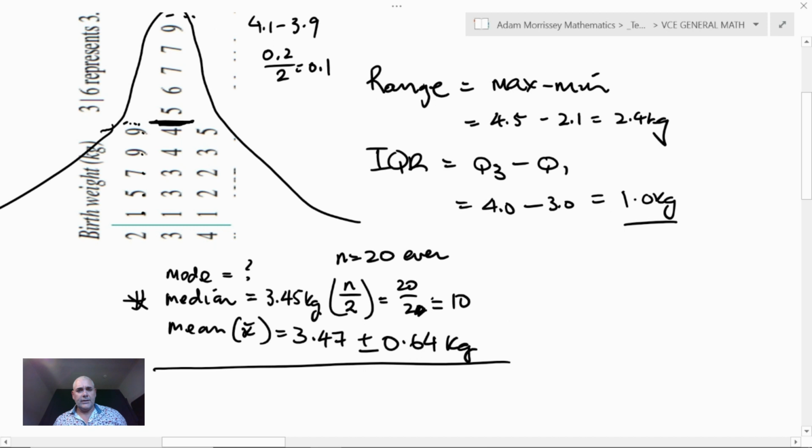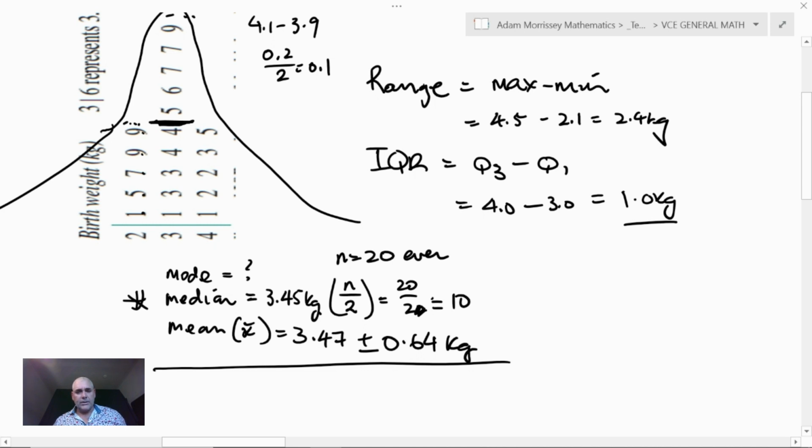We've got the median, we've got the range, we've got the IQR, and we've also reported the sample mean plus or minus the standard deviation. And these two measures of the middle are very similar, okay?